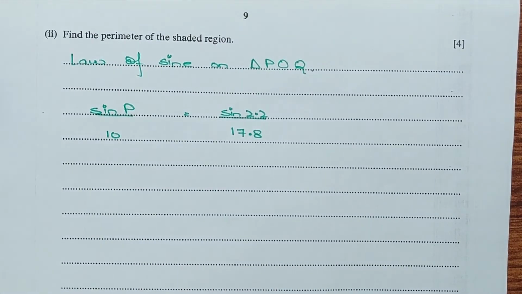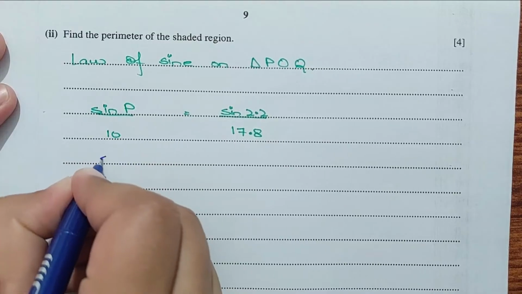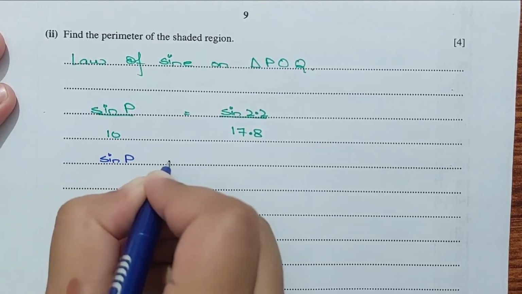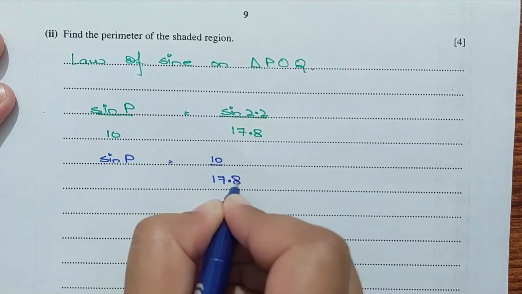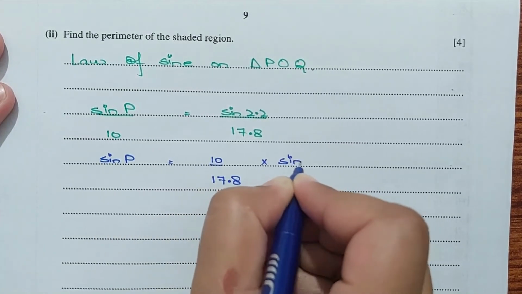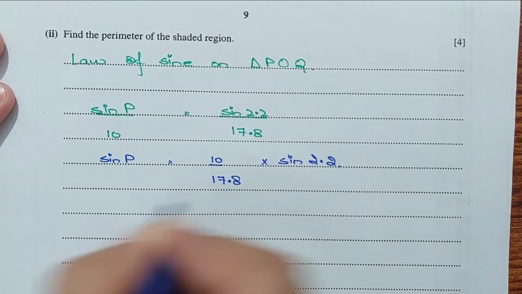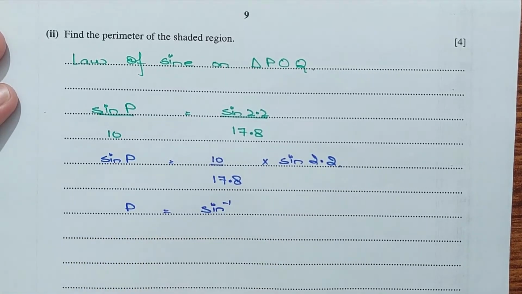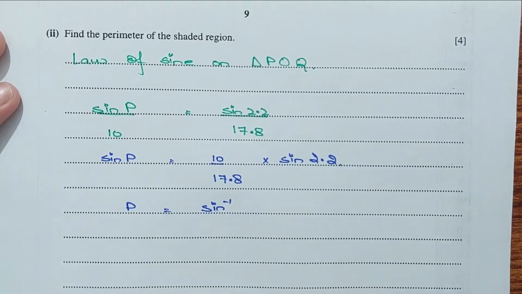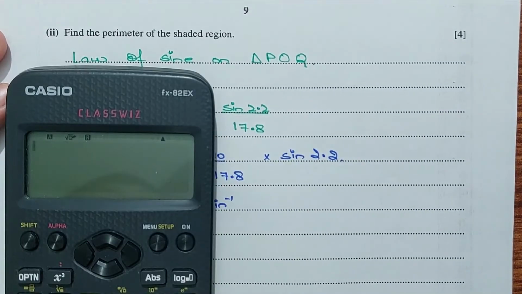Let me solve for sine P. From here, sine P is going to be 10 over 17.8, cross multiplication, multiplied by sine of 2.2. And P is going to be sine inverse of that answer. Let me calculate it. It should be in radians.